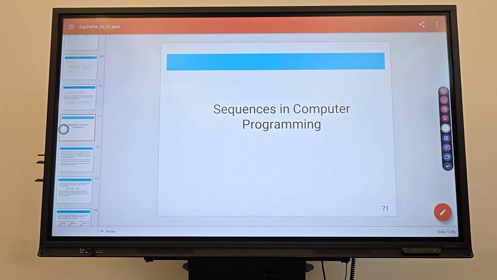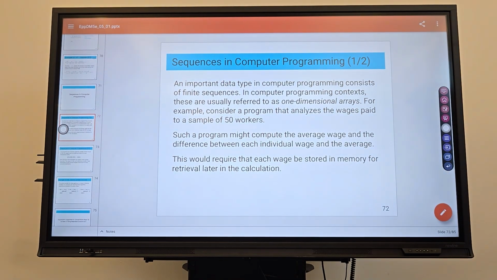Sequences in computer programming. I'm sure you've all been introduced to arrays in computer science 1 or 2, if not in data structures, if you've gotten that far. The one-dimensional array is very commonly used.